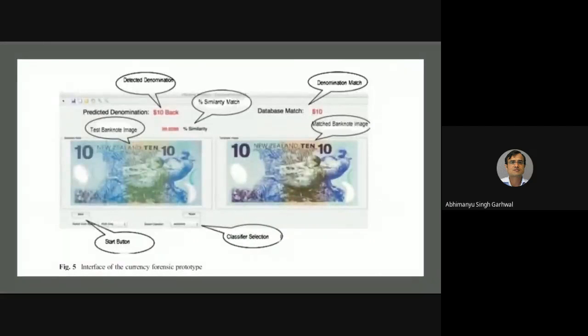So this is the user interface that we developed for New Zealand currency identification. This is the test banknote, and when we input the test banknote, there is a similarity score. There is a back and a front side. So we scanned and prepared a database of the back and front side of the New Zealand dollar. When we scan it and put it in our system, there is a similarity score of 99.82%.